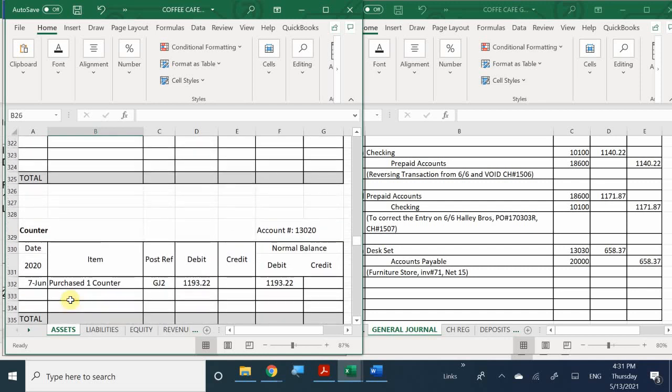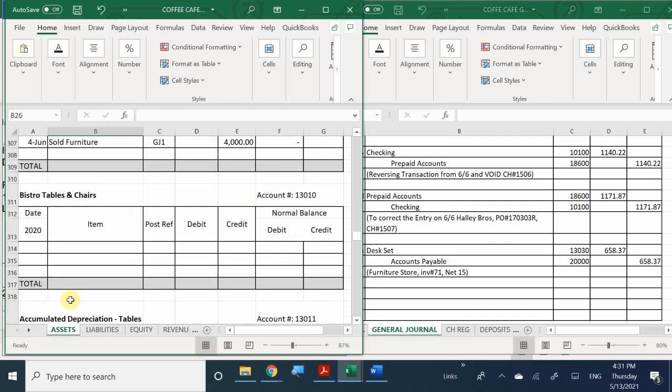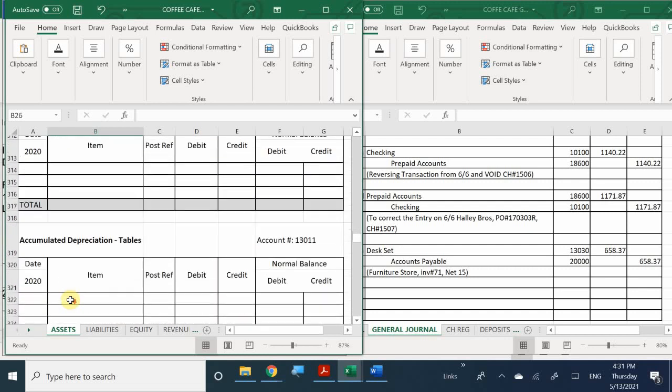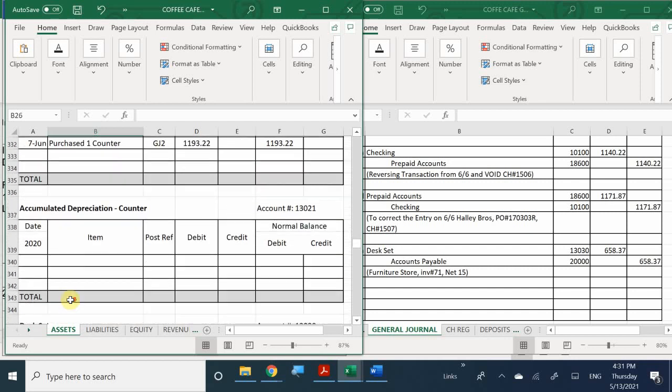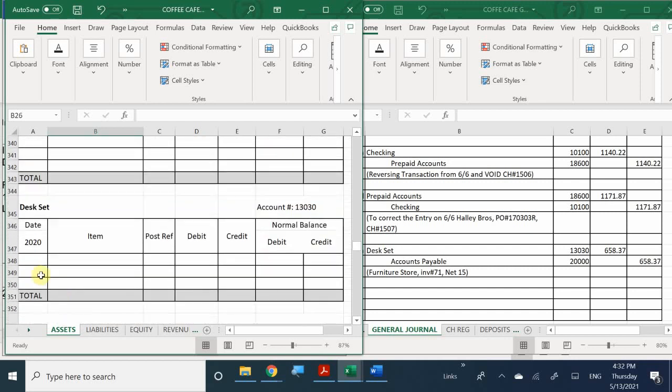Here we are. Desk set. Oh, this bistro tables and chairs, so one more. Here we are. Desk set. I'm just going to say you purchased one desk set.